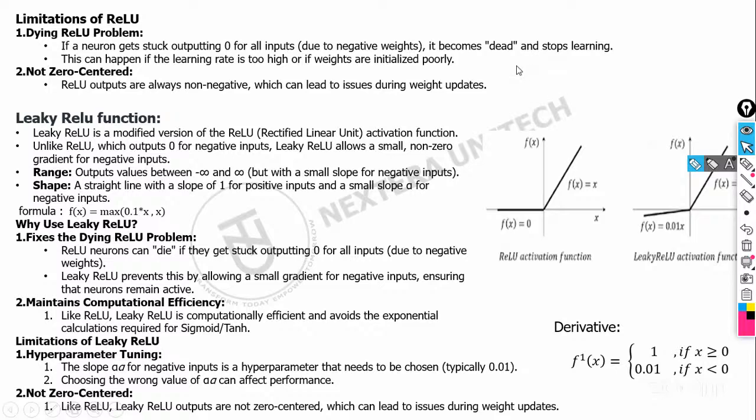This dying ReLU issue was fixed by the leaky ReLU function. It uses the same formula, but there is a slight difference between ReLU and leaky ReLU, where we use 0.1 into x comma x. So instead of max of 0 comma x, we keep it as max of 0.1 into x comma x.